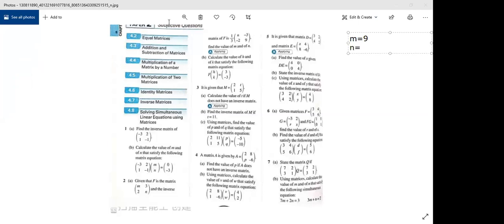For AD, you should do 9n. AD is 9n minus BC, which is 6. So 9n minus 6 equals 3.